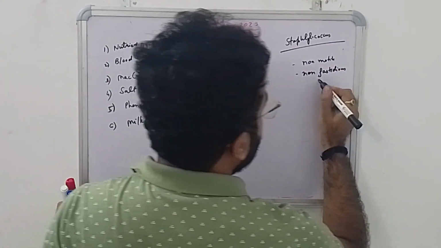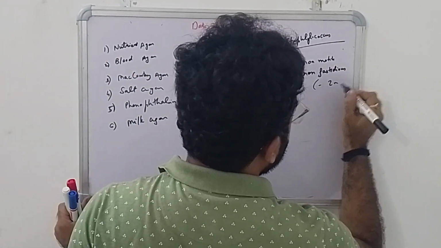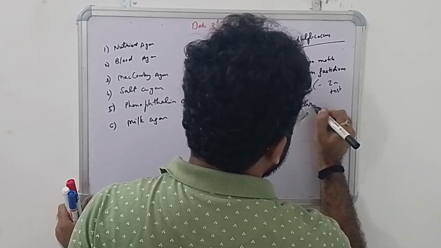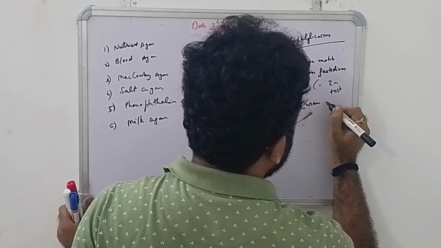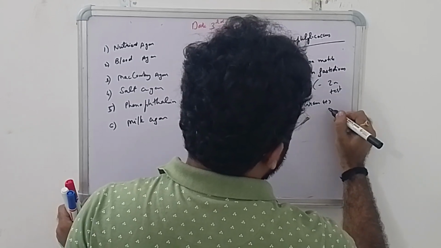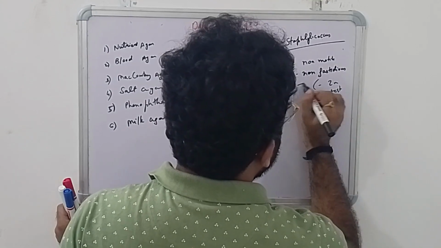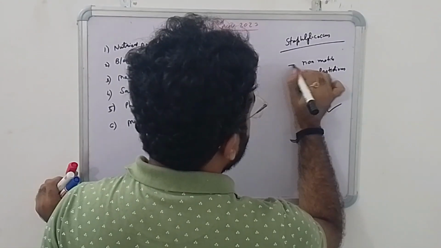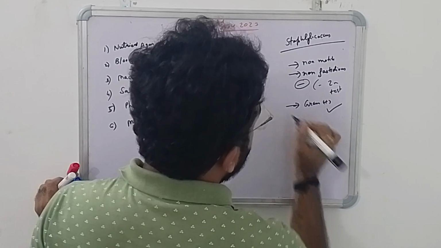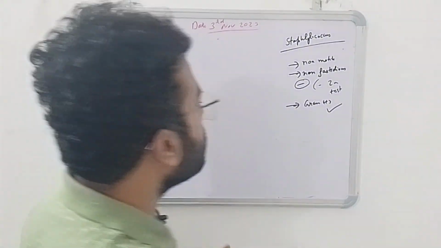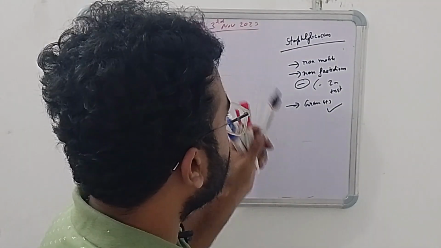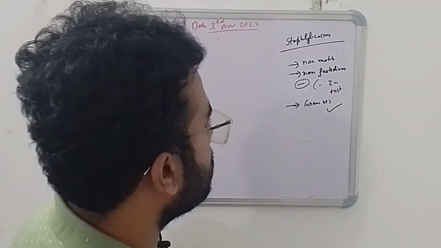Non-fastidious means it gives a negative Ziehl-Neelsen test. Gram positive, we have performed the Gram staining. It's non-sporulating, it is not spore forming. It's non-motile, non-fastidious and Gram positive.